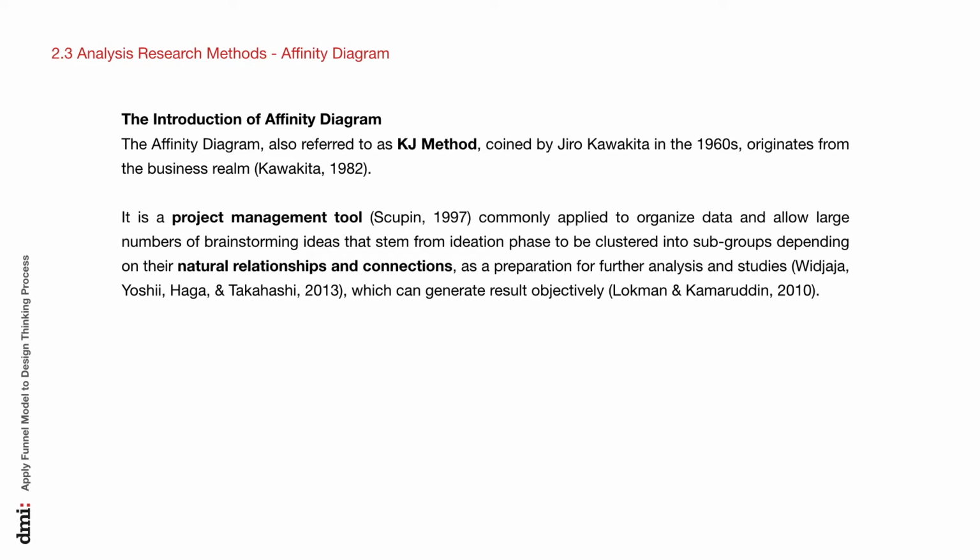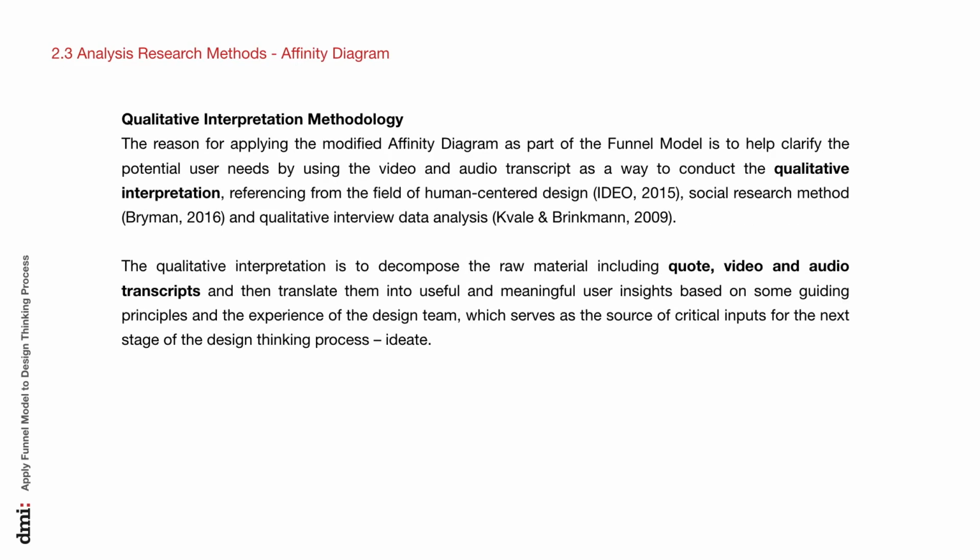Another analysis research method is the affinity diagram, which people also call the KJ method. It's a project management tool that is commonly applied to organize and cluster ideas and learnings. The reason for applying the modified affinity diagram is to help clarify the potential user needs by using the video and audio transcript as a way to conduct the qualitative interpretation.